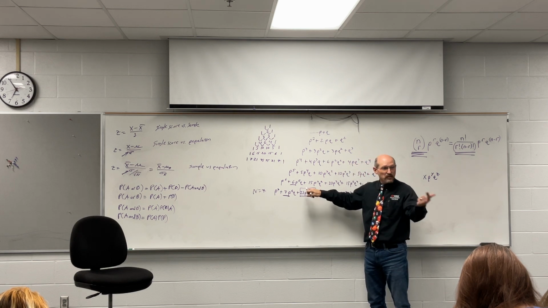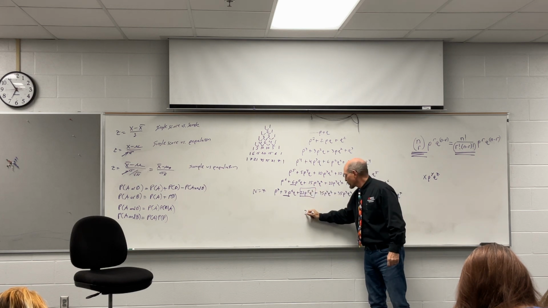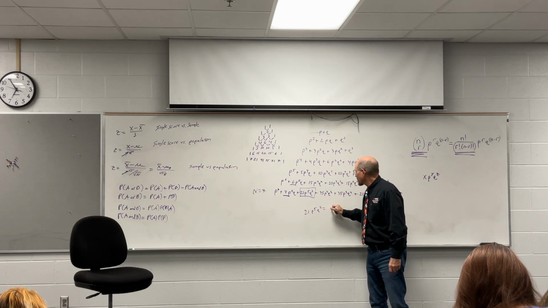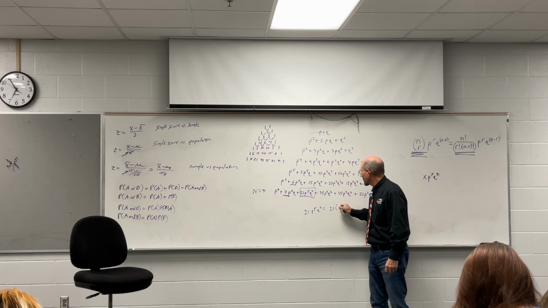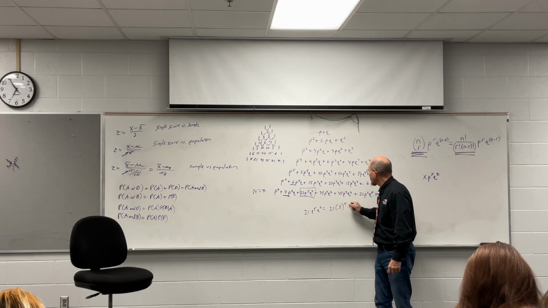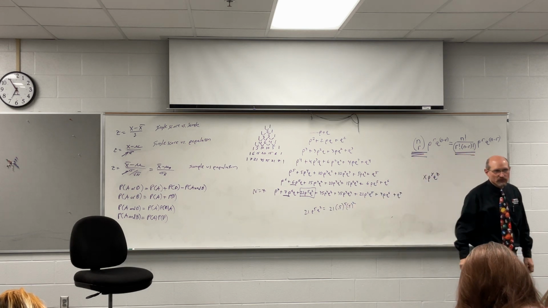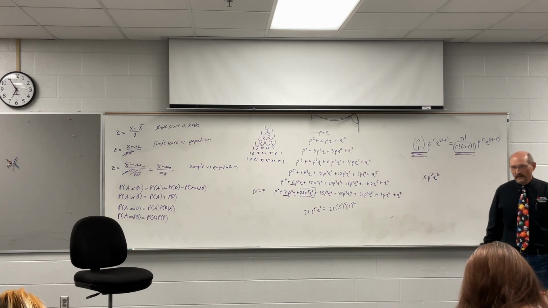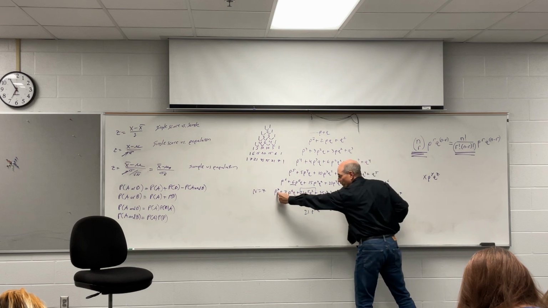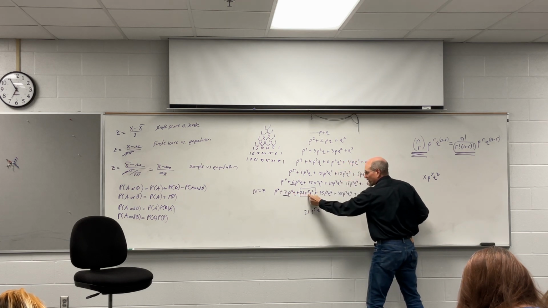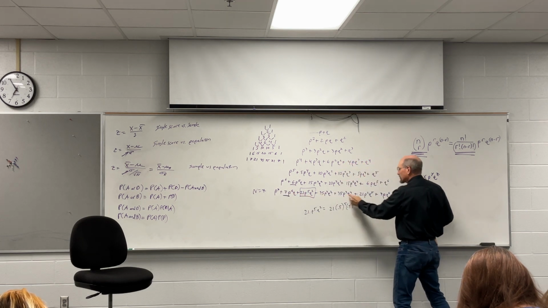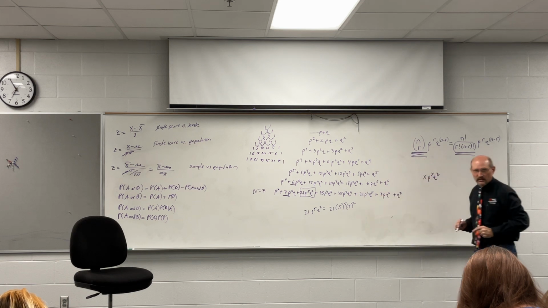Then you plug in values. 21 times P to the 5th, Q squared. The probability of a head is 0.5, so 21 times 0.5 to the 5th power times 0.5 squared. Multiply that out, and that's the probability of getting 5 heads in 7 trials. This is the probability of 7 heads in 7, 6 heads in 7, 5 heads in 7, 4 heads in 7, 3, 2, 1, 0 heads in 7.